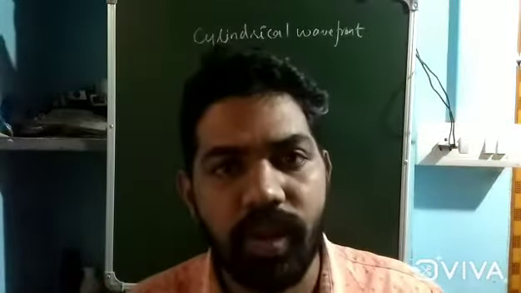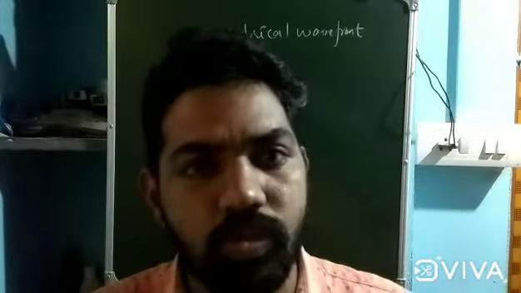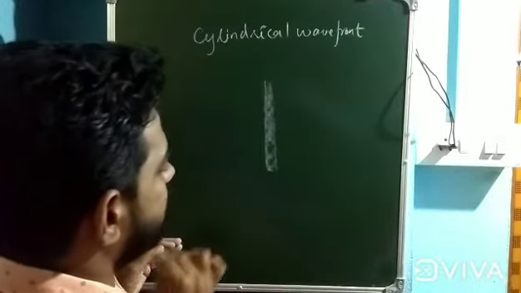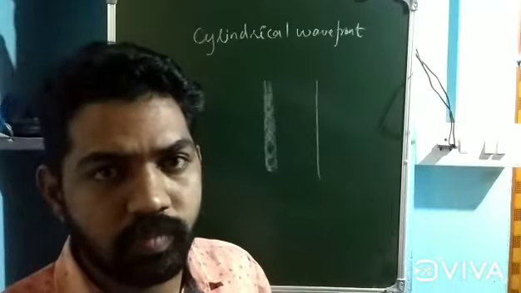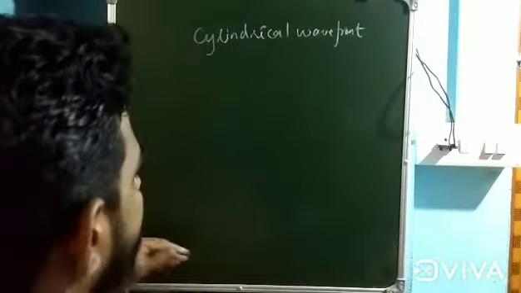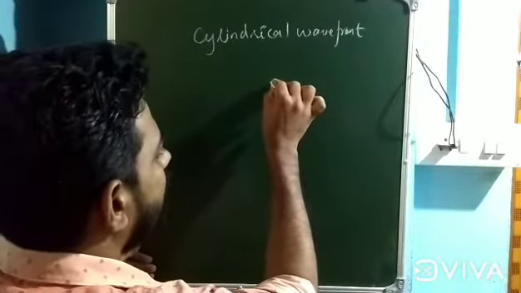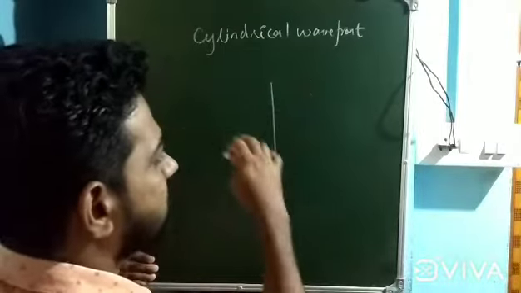If the source of light is like a slit or a line source, like a tube light, what is the nature of the wavefront? If the light is from a slit, it travels in all directions in three dimensions.